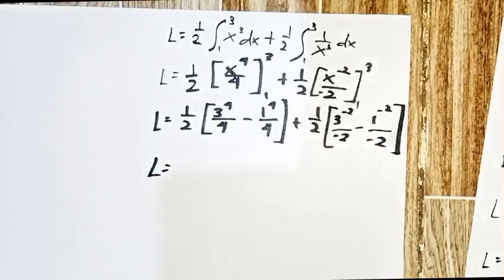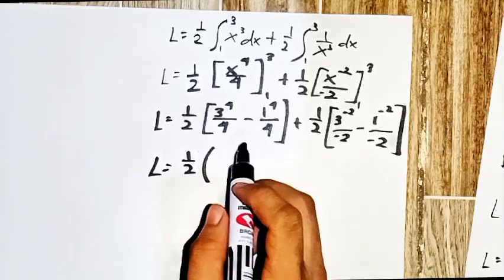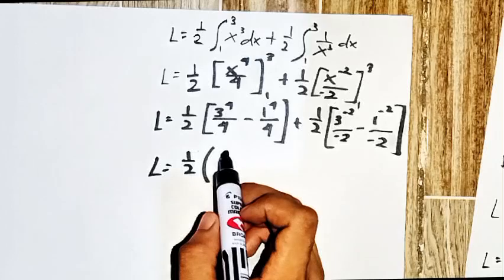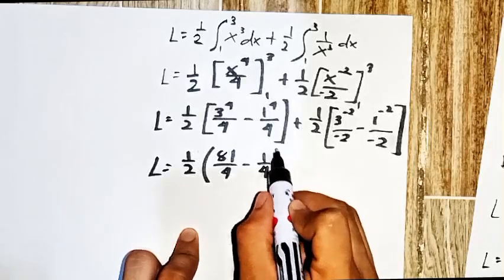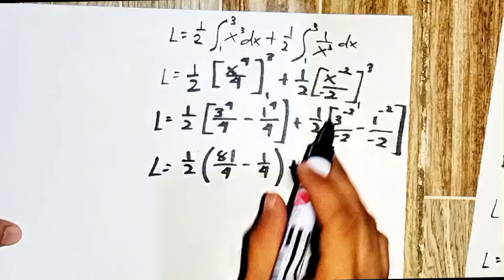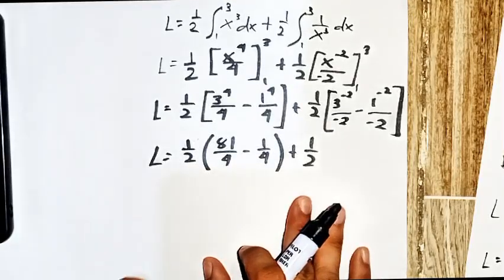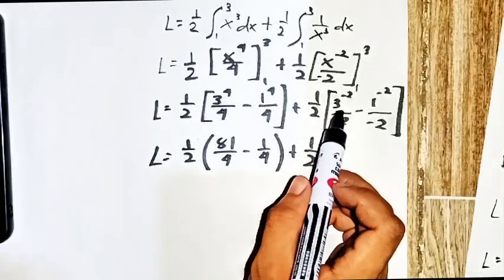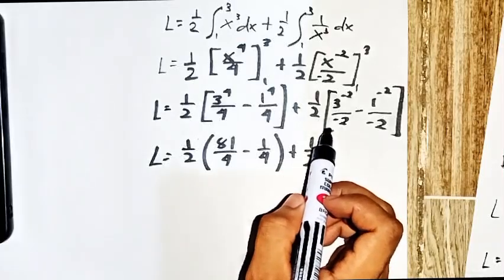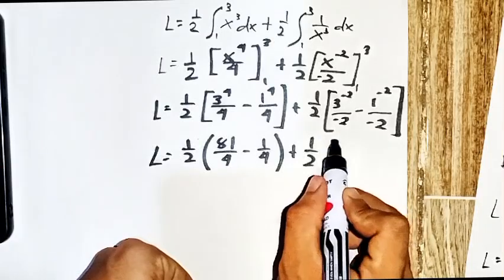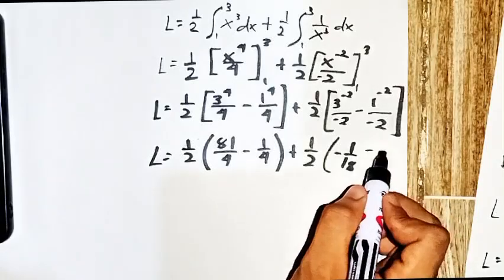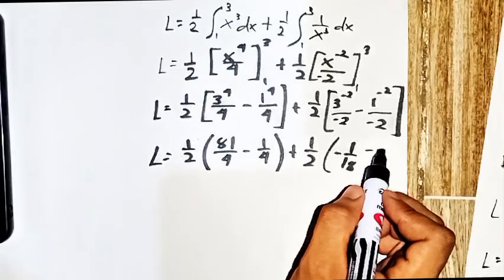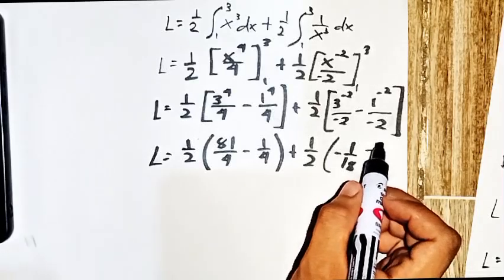Simplify. We have 1 half. 3 to the fourth, we have 81 over 4 minus 1 over 4 plus 1 half. 3 to the power of negative 2, which is 1 over 9. 1 over 9 divided by negative 2, which is negative 1 over 18, minus 1 to the power of negative 2 over negative 2, which is negative 1 half.